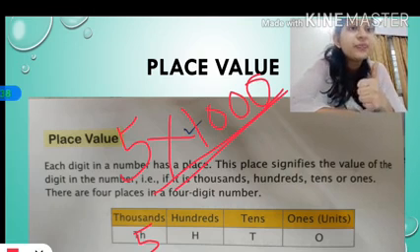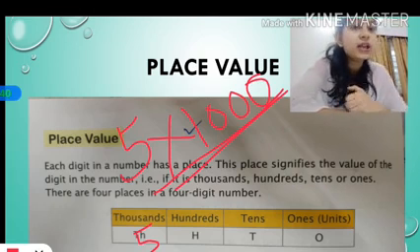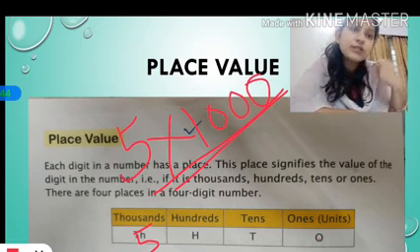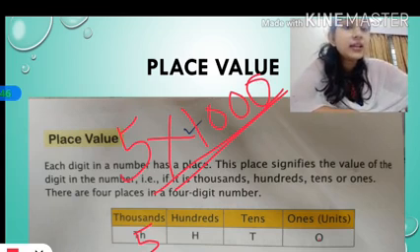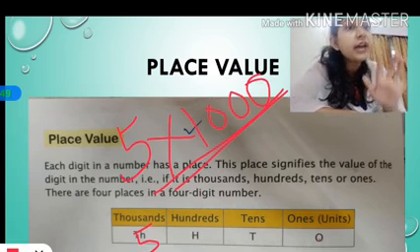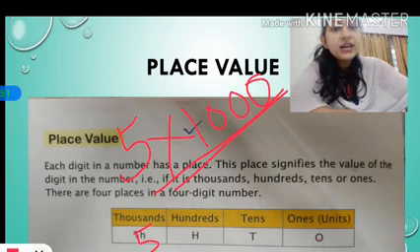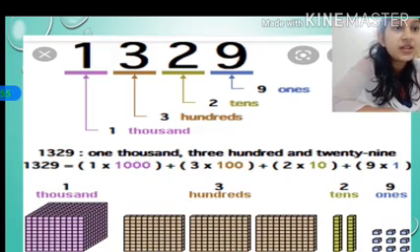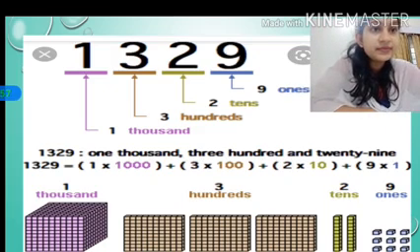That means place value is very important. If that 5 is sitting here in the ones place, it is only 5. If it is sitting in the thousands place, it becomes 5000. Okay, so now let's move ahead and understand with an example here.